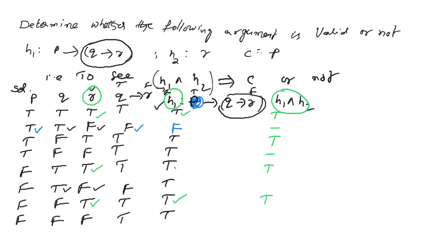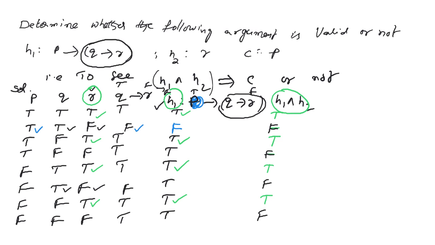Otherwise this will be false. So in the first row it is true, in the second row false, third row true, fourth row false, fifth row true, sixth row false, and in the last row false.